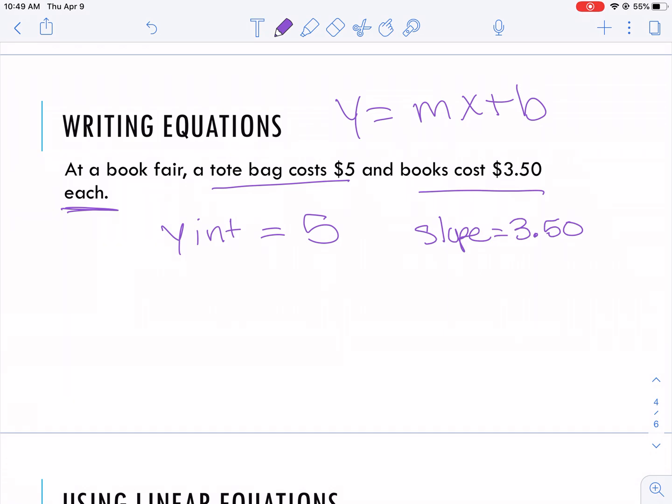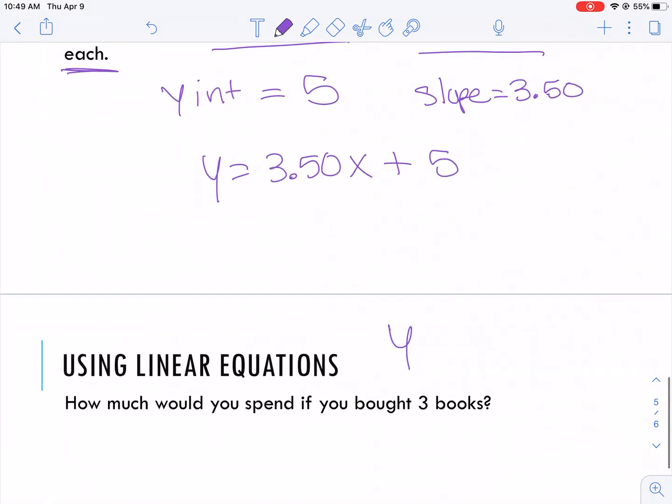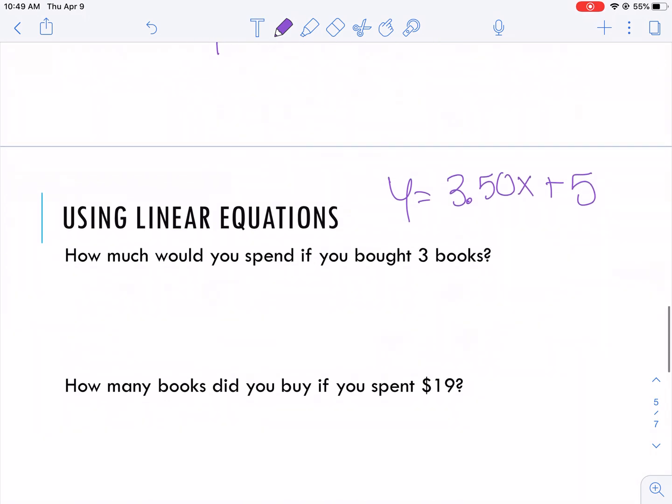So if I plug this into the equation, remember m is slope and b is the y-intercept. All right, so there's our equation. So y equals $3.50 times the number of books plus the $5. So like last time where x was the rides, here x is the books and y is the cost.